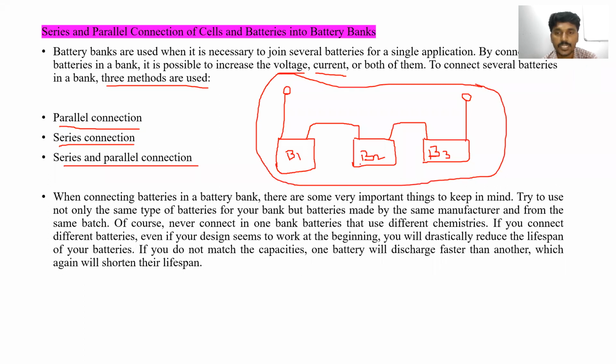While making the battery bank, all the batteries we use, maybe one, two or three, should be designed by the same manufacturer. That is one of the most important points we have to remember.